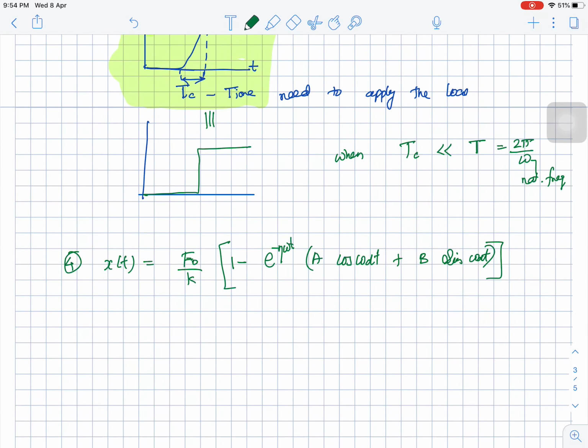This is mx double dot plus cx dot plus kx equal to f naught u of t minus a, with the boundary condition x of 0, x dot of 0 equal to 0.